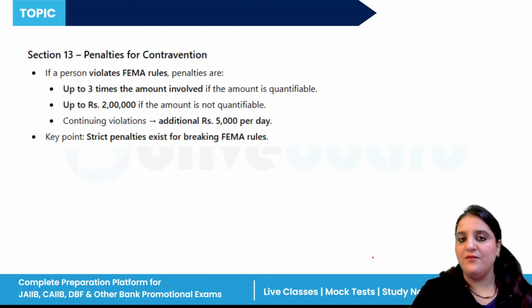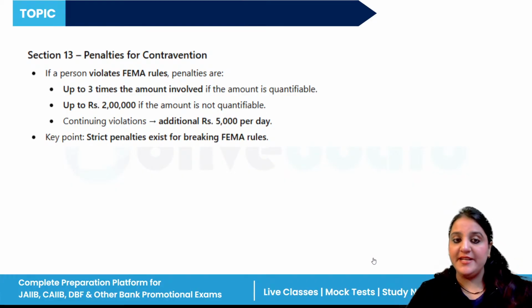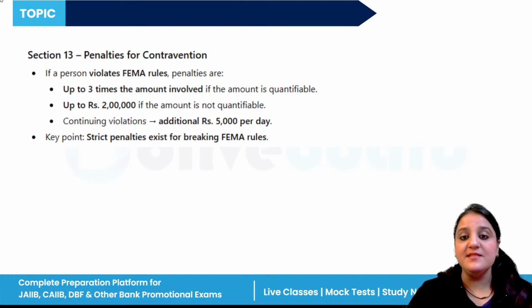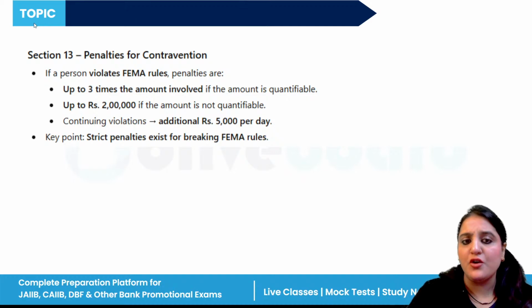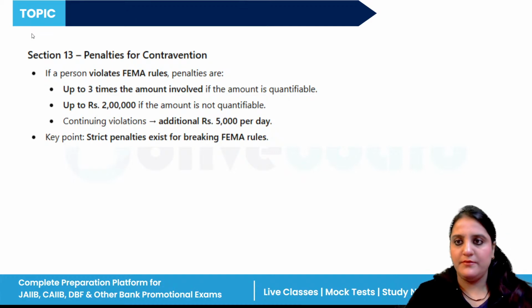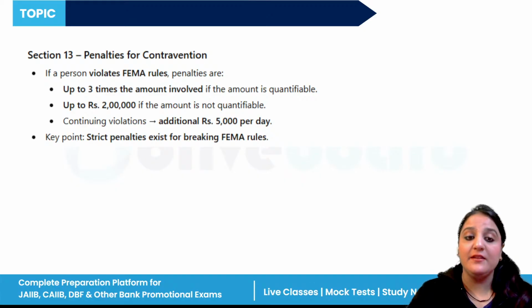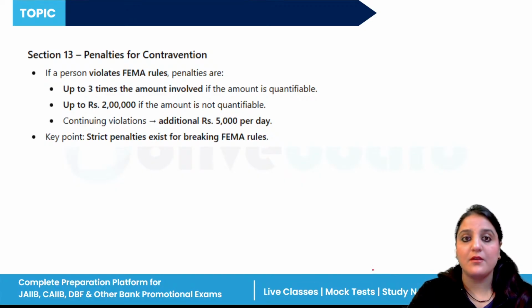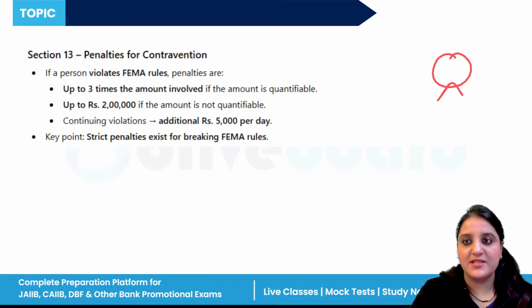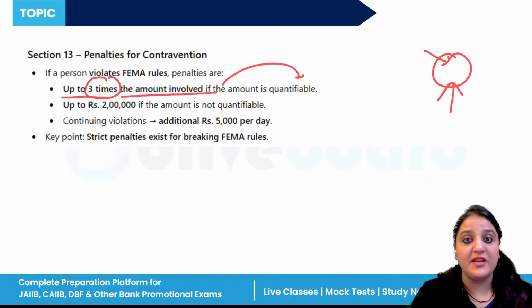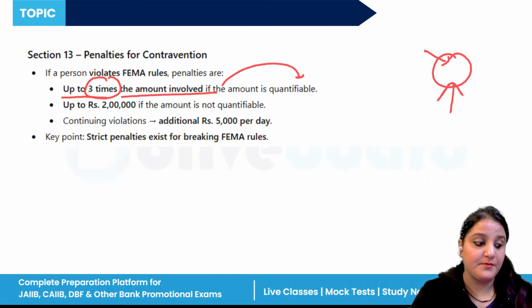Then what does section 13 say? Penalties. What are the penalties for contravention? Authorized dealer fine, we know that. Now, what is the fine for contravention? If a person violates the FEMA rules, penalties are up to three times the amount involved if the amount is quantifiable.